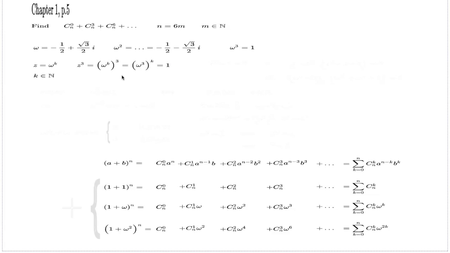In other words, z cubed is just 1. So z is in fact a solution to this equation, or rather, this equation. That's just a fact. This is just a factorized version of this left-hand side.